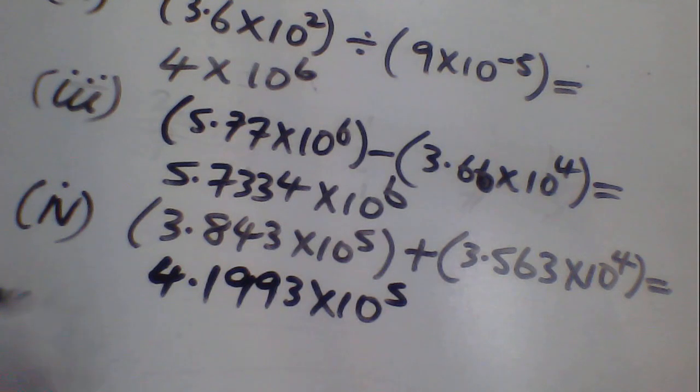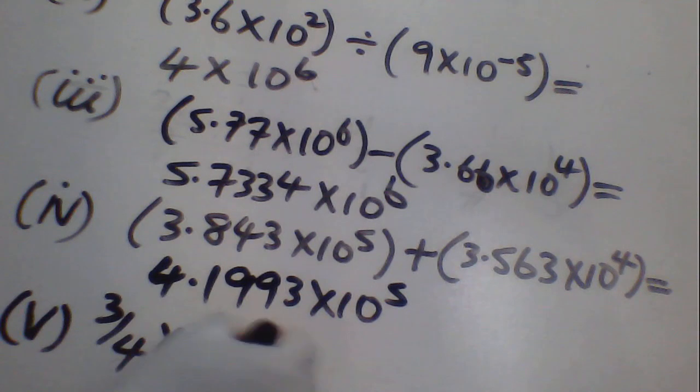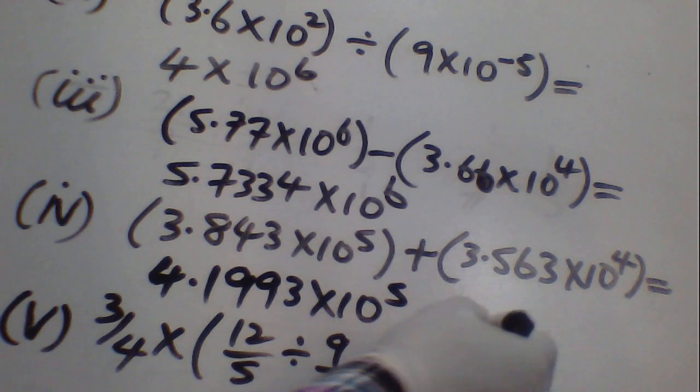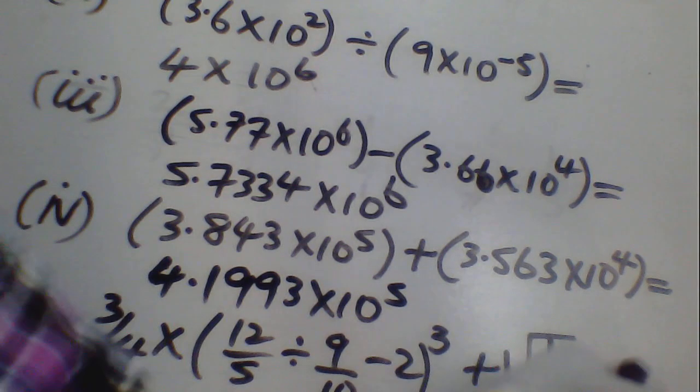And then the last one here, we have 3 over 4 times 12 over 5 divided by 9 over 10 minus 2 to the power of 3 plus the square root of 1 over 81.